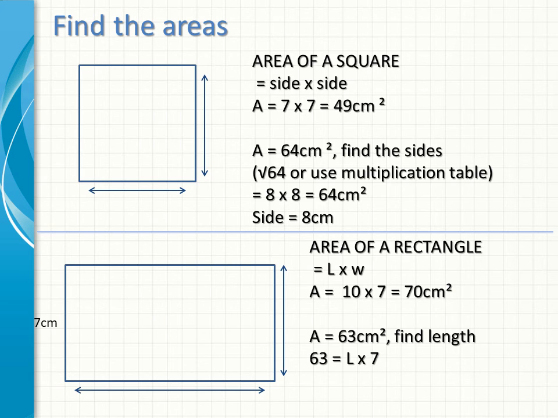What number do we multiply by 7 to give 63? We simply do 63 divided by 7 in order to know the length. So what does it mean? If we divide 63 by 7, we have 9. So our length is 9 centimeters. That's quite easy.